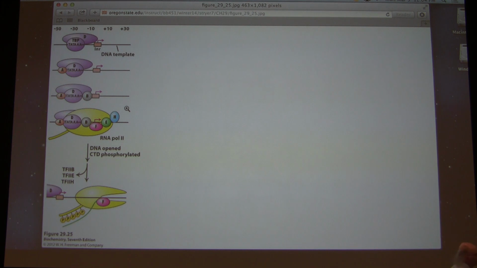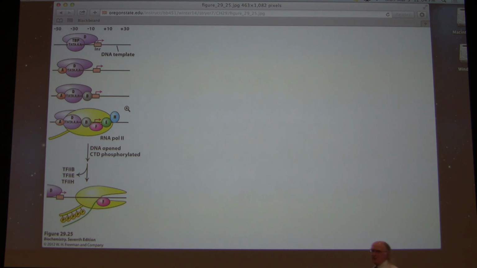You'll notice that the polymerase isn't binding. The polymerase binds only after some of the other factors, including A and B, have bound. And then after the polymerase has bound, other factors, including F, E, and H, all bind. So we have a complex of proteins that are located at that transcription initiation site.